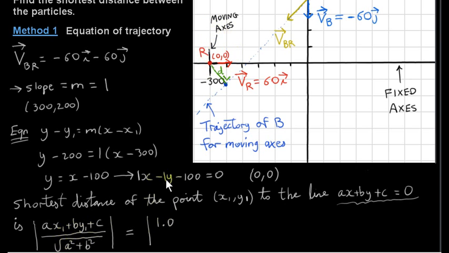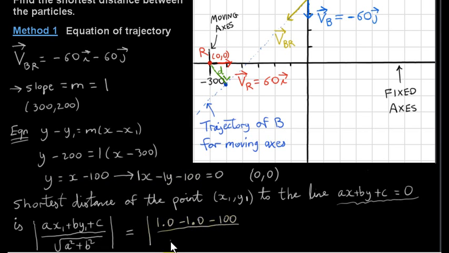Then we have b. Well, b is the coefficient of y, which is minus 1, times y1, that's the y value of the point, which is 0. Then c is the constant term in the line, which is minus 100. By the way, this c here is not the same c that we normally have when we have a line in the form y equals mx plus c. Actually, this should be plus 100. I'm sorry, it is actually minus 100.